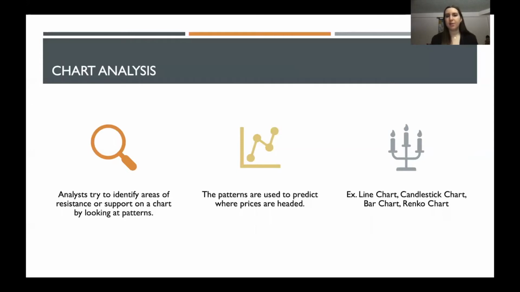And that's what we'll take a further look at. These patterns are used to predict where prices will head. There are already pre-outlined patterns that we've anticipated what this could mean and represent. So analysts will try and look for these identified patterns and leverage those to predict where they see the market going or what it could really mean.